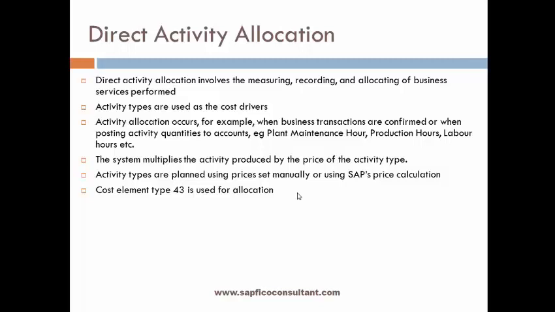So what happens is the system multiplies the activity produced by the price of the activity type. Activity types are planned using prices set manually or using system-based price calculation. Cost element type 43 is used for allocation.